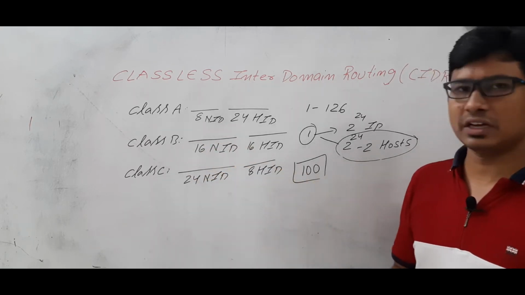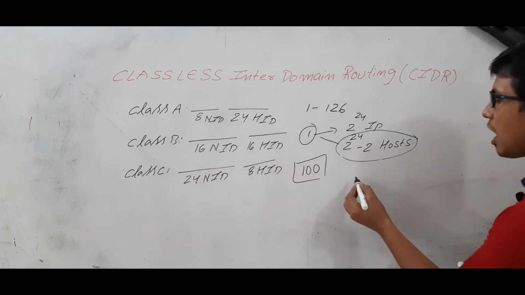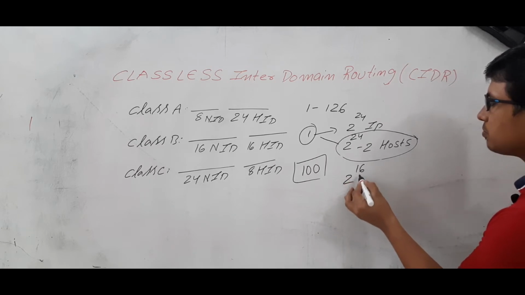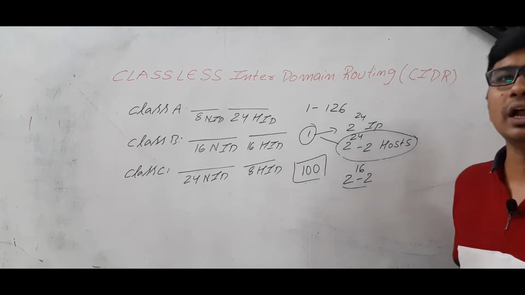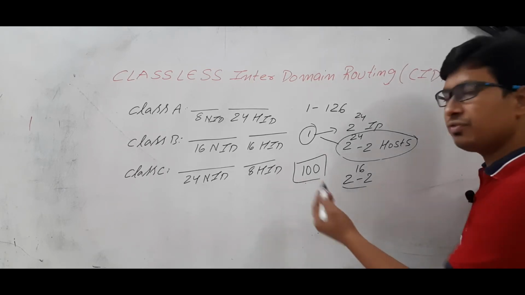If he goes for class B, he can have 2 power 16 minus 2 hosts. Obviously this also will be costly, but his requirement is only 100 hosts. He cannot go for this one.